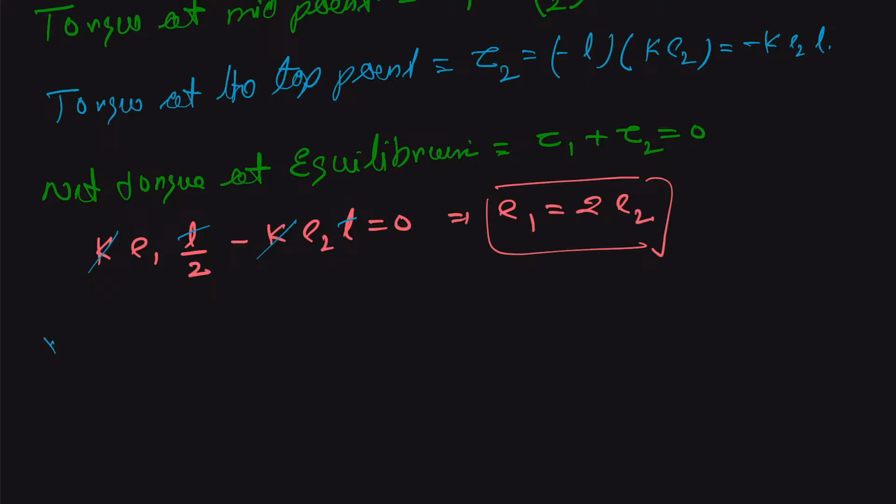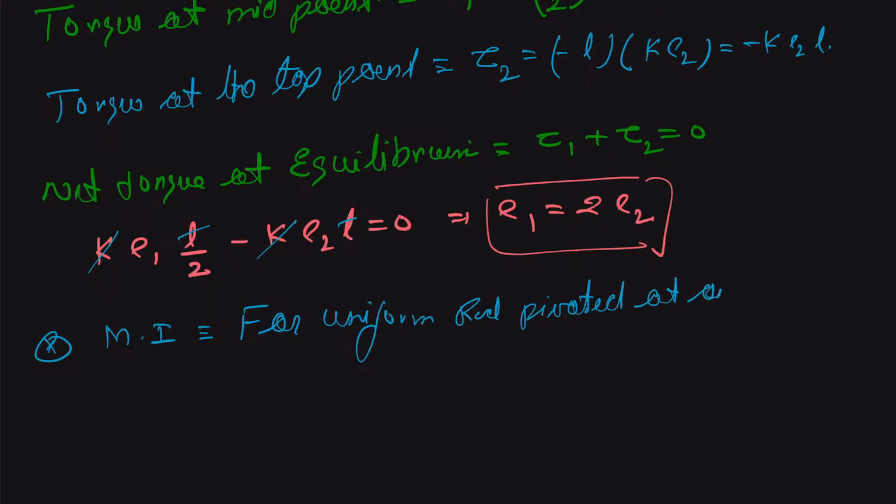We know that for a uniform rod pivoted at one end, its moment of inertia, let us suppose I, because it is at the extreme end, will be equal to 1 by 3 m L squared.